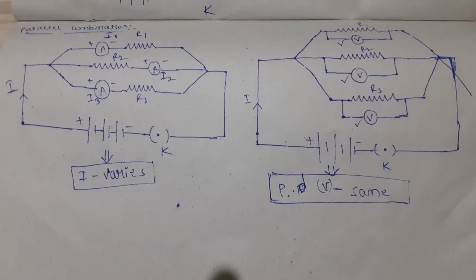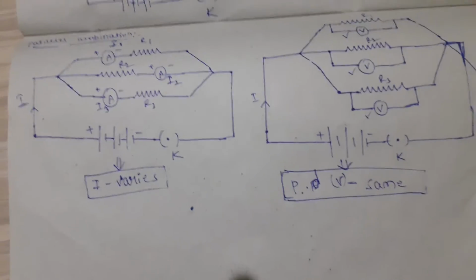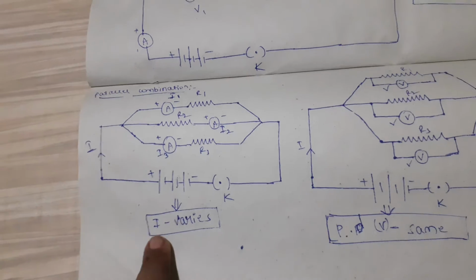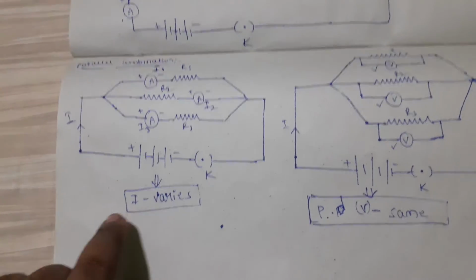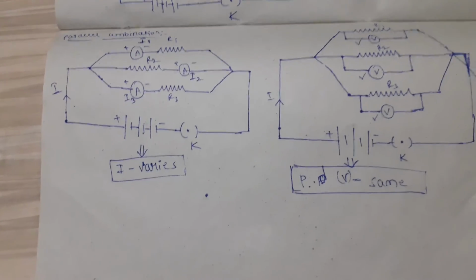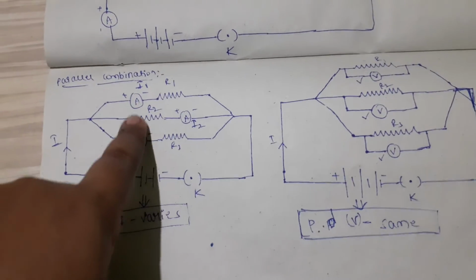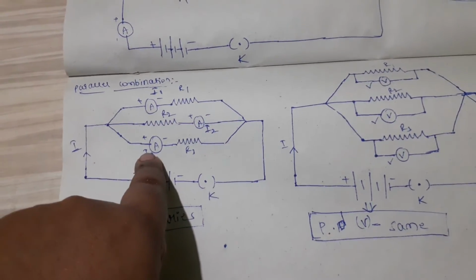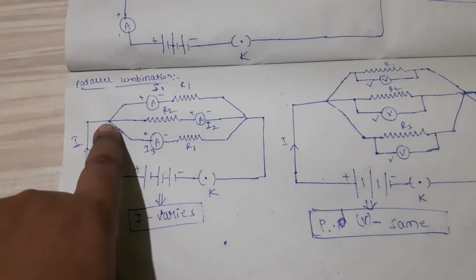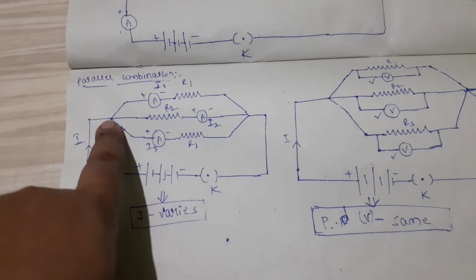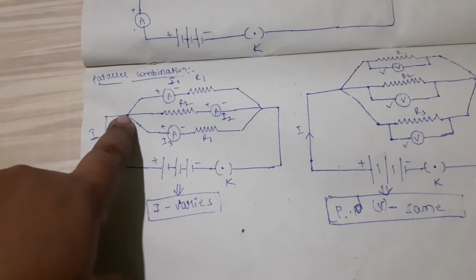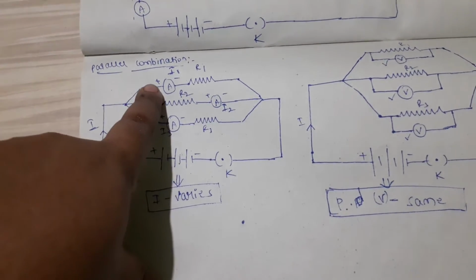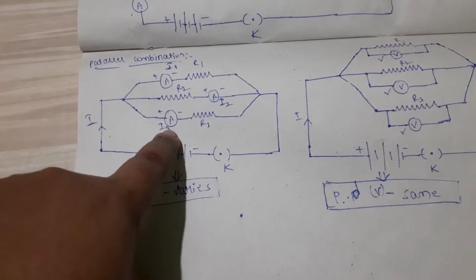Now we have observed these two diagrams. In the first diagram I am going to find the current value I. Current can be found by using the ammeter. I noted the ammeter readings I1, I2, I3 because this is a junction. After this junction, the current I is divided into I1, I2, I3.